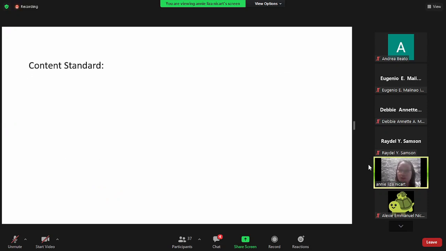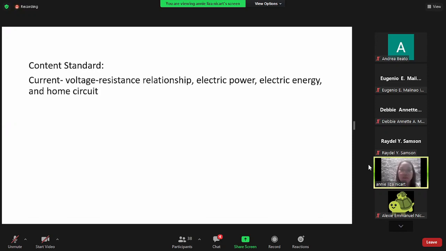For our lesson this morning, we have the content standard. We'll be dealing with the voltage, current, resistance relationship, electric power, electricity at home, and home circuits. I hope we can cover all of that in our session this morning.